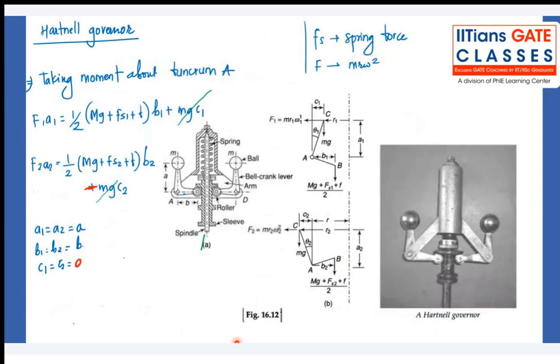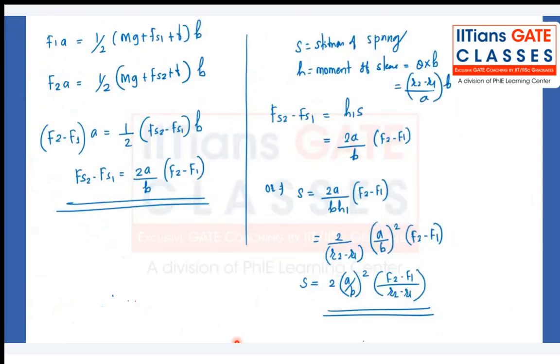And then Hartnell governor, the formulation is a bit different here. You should remember these two formulas, that is F1 into a is equal to half of (mg plus fs1 plus f) into b, and so on.